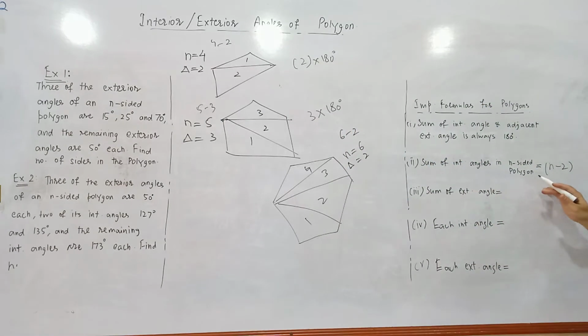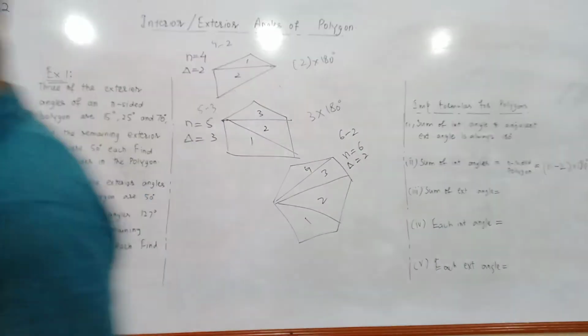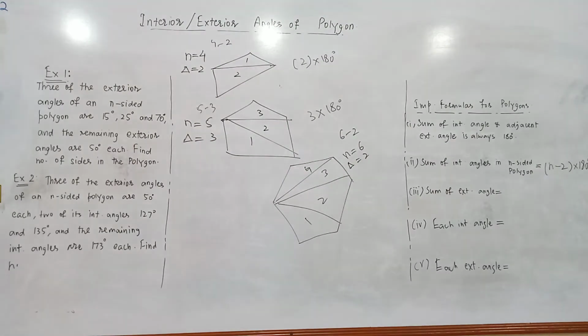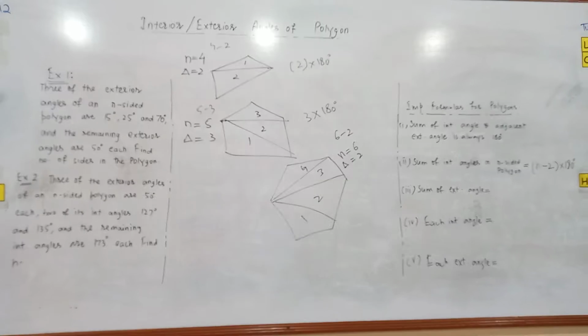So we can make this formula: the sum of interior angles in an n-sided polygon is (n minus 2) multiplied by 180. N minus 2 is the number of triangles, and you need to multiply it by 180.